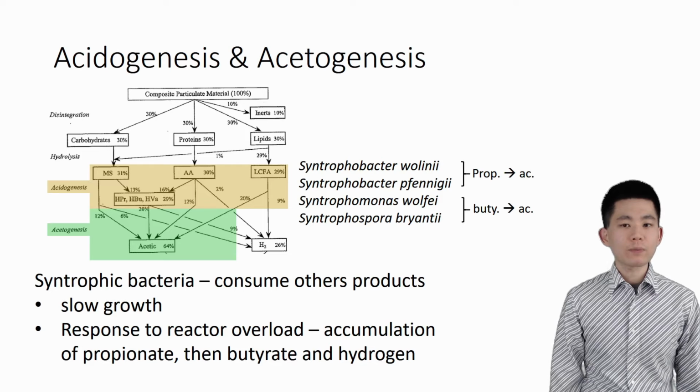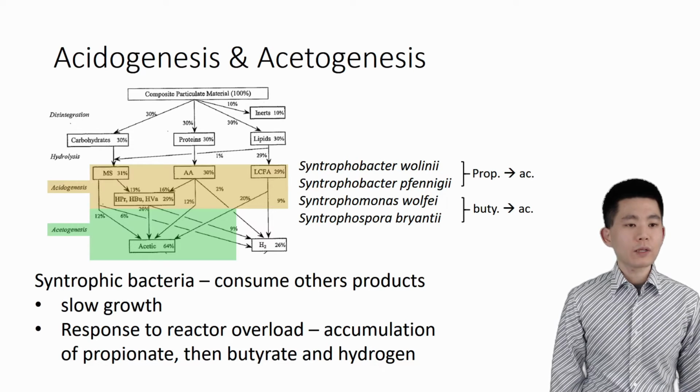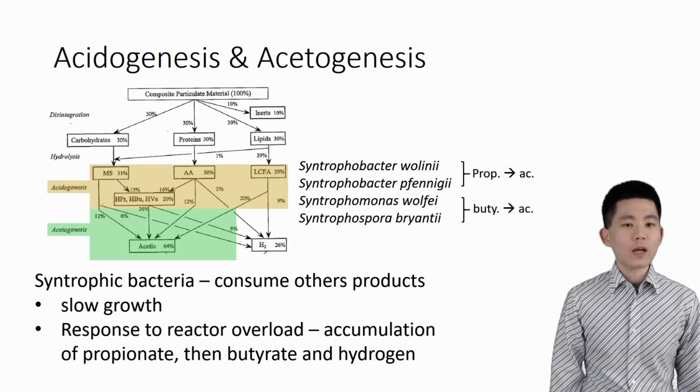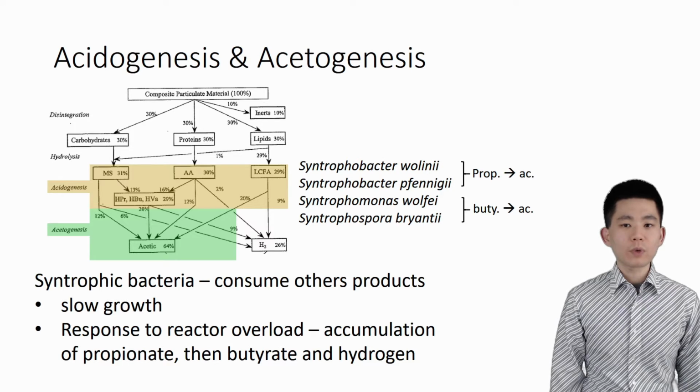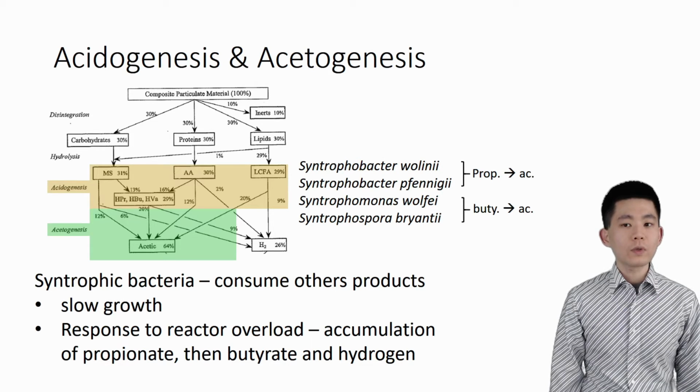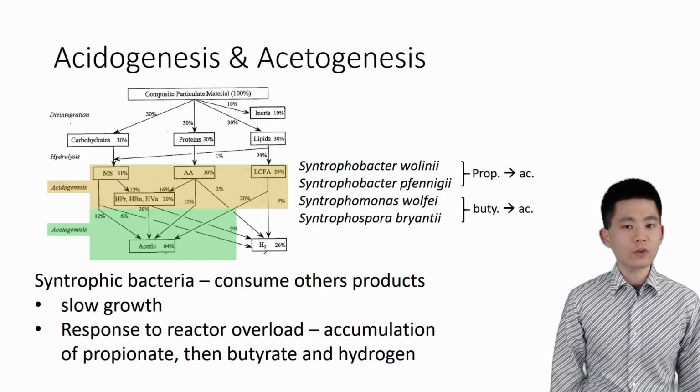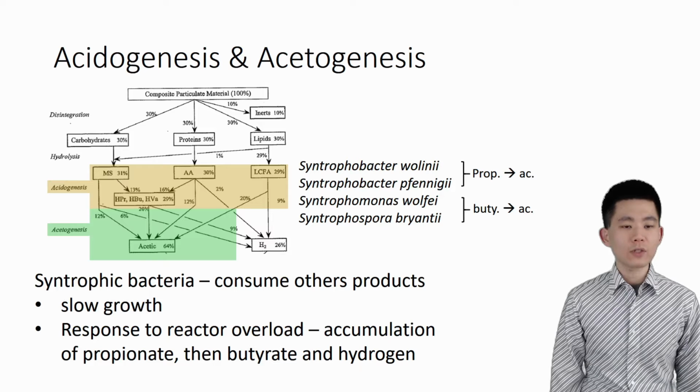Because the syntrophic bacteria that consume butyrate are faster growing and have a wider substrate spectrum than the propionate consuming ones, we generally see accumulation of propionate first in the digester that is overfed, followed by the accumulation of butyrate and hydrogen.